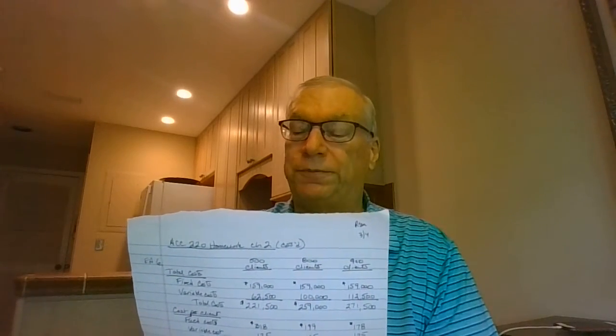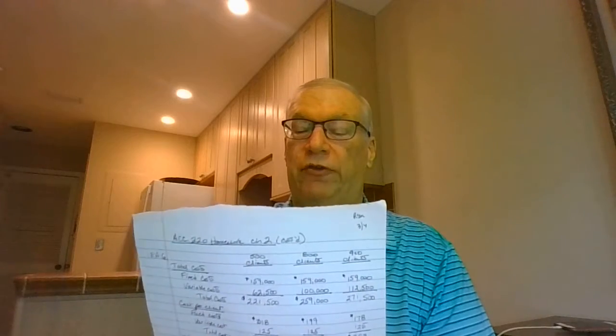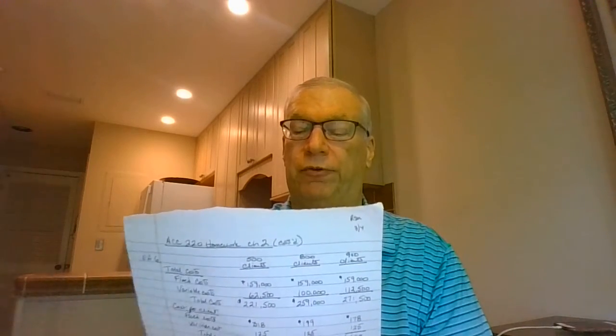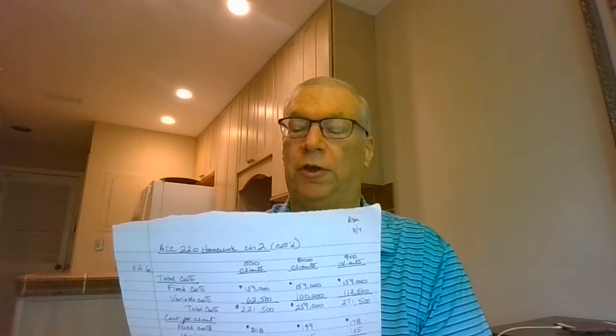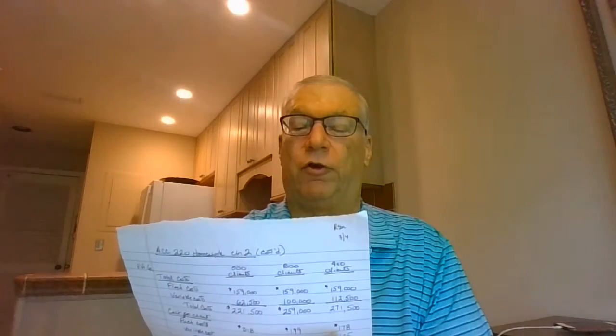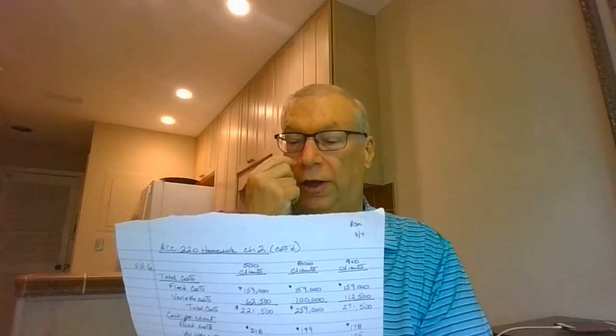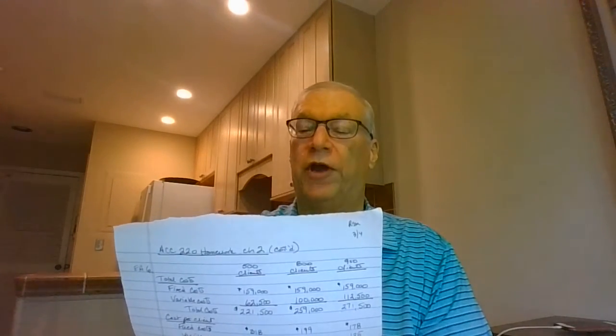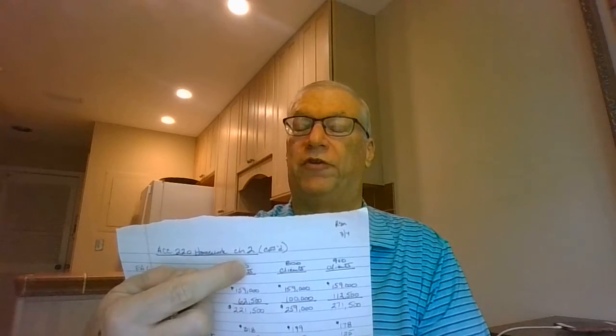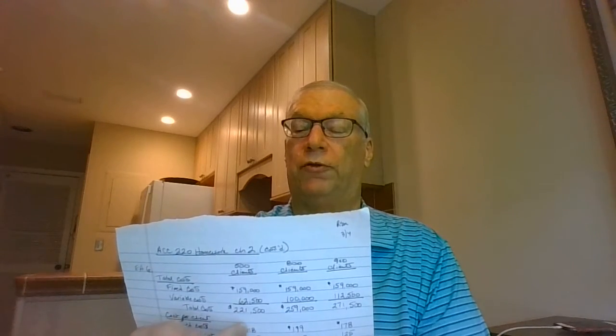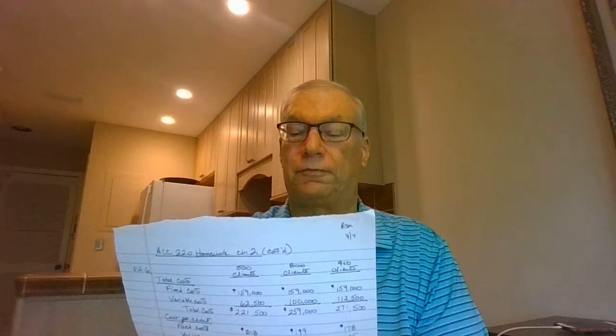excuse me, what we learned in the chapter is that with higher levels of activity within the relevant range, you can lower your average fixed costs, and that's the pattern that we see. So we're dividing 159,000 by 500 gives you rounded $318.